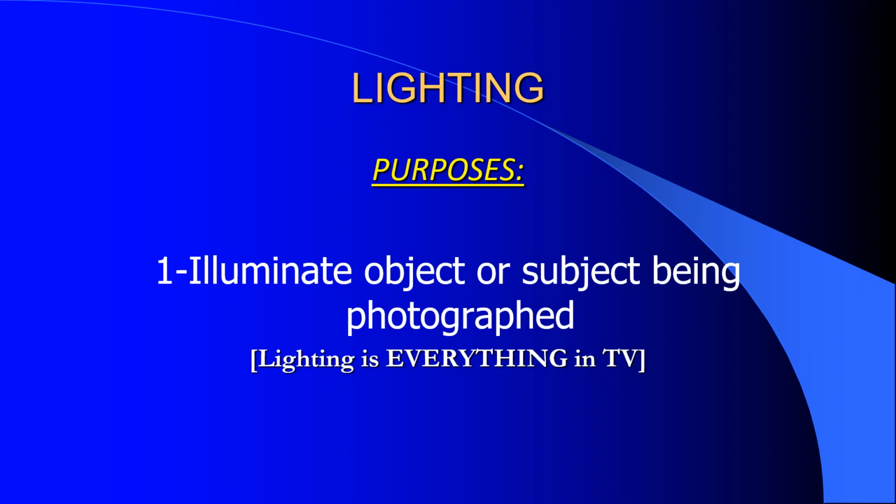So light is important. You want to have good quality lighting whenever you are shooting video. But of course, the question is, do you want to create a mood with that light? You still have to have the light so that the audience can see the object or the subject. The question is, how much do you want to illuminate that object or subject?